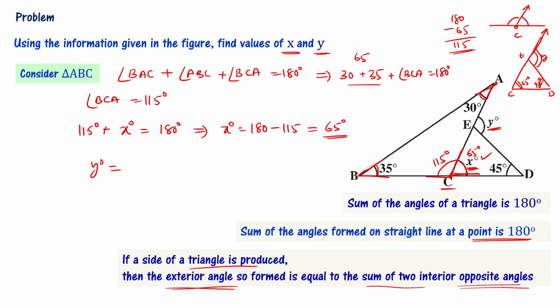Y degrees equal to X degrees, that is 65 degrees, plus this 45 degrees. Okay? Now 65 plus 45 is 110 degrees, right? Y is 110 degrees. You understood? X is 65 degrees and Y is 110 degrees.